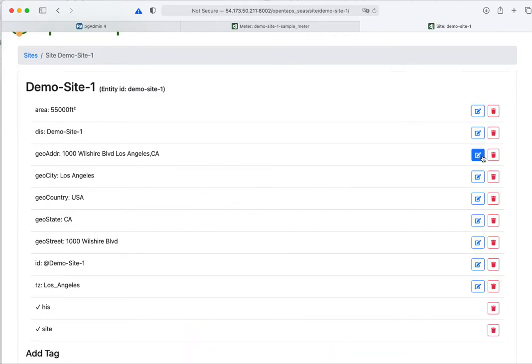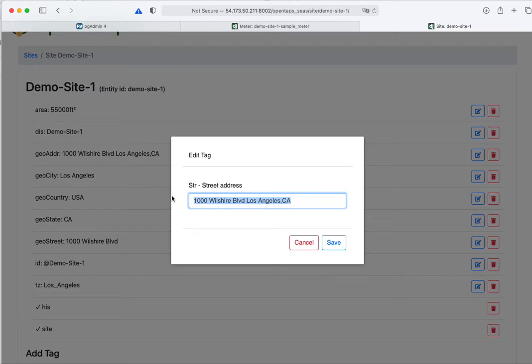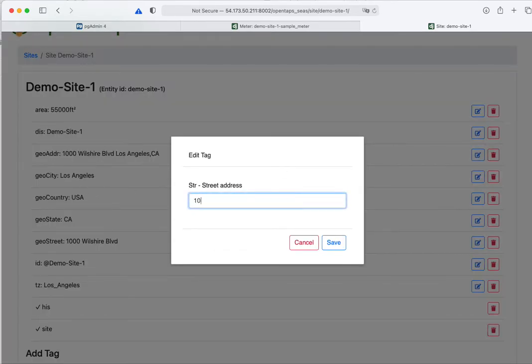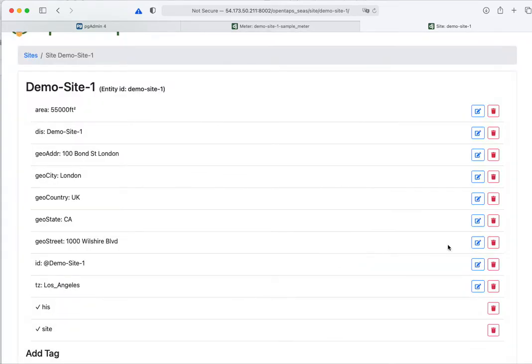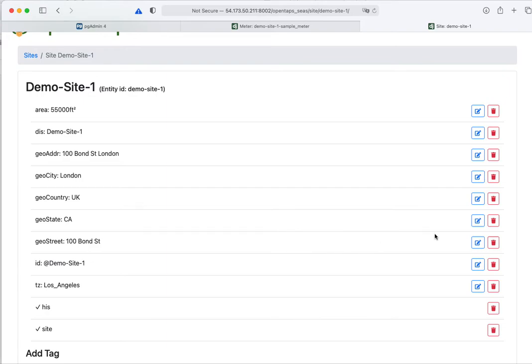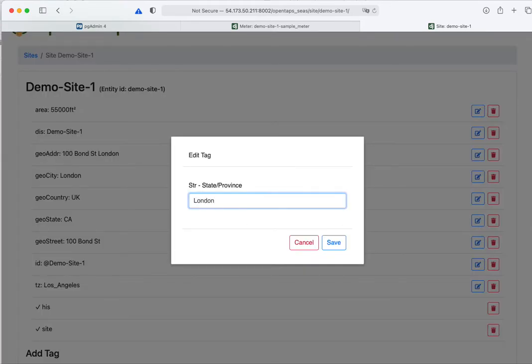You can edit the addresses. For example, you can put it in some other city, like, let's see, and so you can put in the country, UK, London, and England.